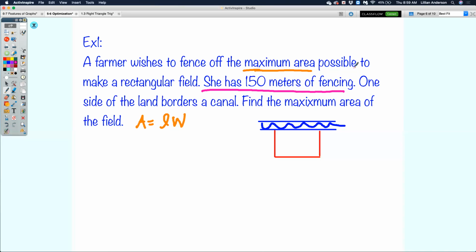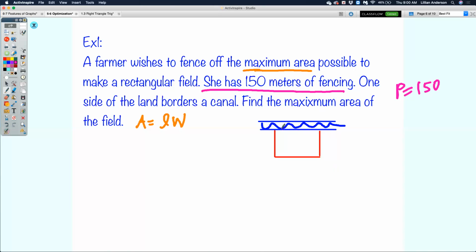Because what does fencing mean? What does it mean to put a fence up? Perimeter. It represents perimeter. So in your perimeter, you have 150 meters. Now, for this rectangular field, what would be the equation that would represent the perimeter? 2L plus 2W is the perimeter of a rectangle.